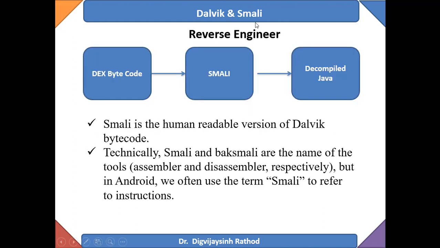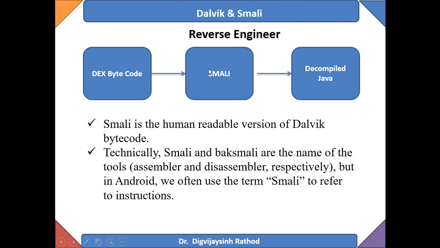Okay, let's talk about reverse engineering again. You have your DEX bytecode that is converted into Smali. We'll see what Smali is, and that Smali will again be decompiled into Java. So now you'll get the Java code or the Kotlin code. For that you need the Java decompiler or the Kotlin decompiler.